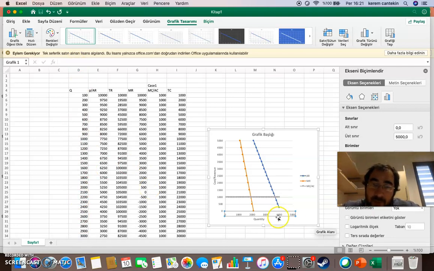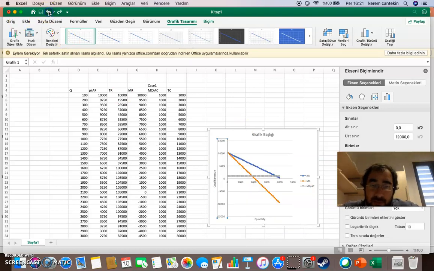But for approximate graphs, this is okay. If I just want you to show me how the optimum point is found on the graph, the optimum point is found by looking at the intersection point of the MR and MC curves.